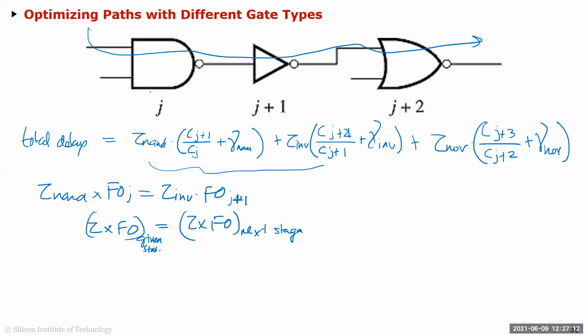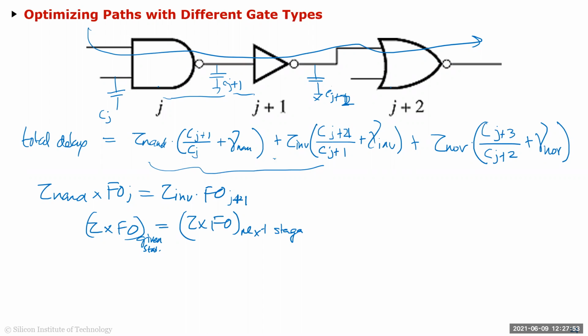So in other words, if I take these 2, for example, I've already shown that tau of NAND times the fan out, which is Cj plus 1 over Cj, so basically tau inverter times Cj plus 1 divided by Cj plus the parasitic should be equal to, because Cj plus 2 is the input cap of this stage, tau inverter times Cj plus 2 divided by Cj plus 1 plus tau inverter, right?